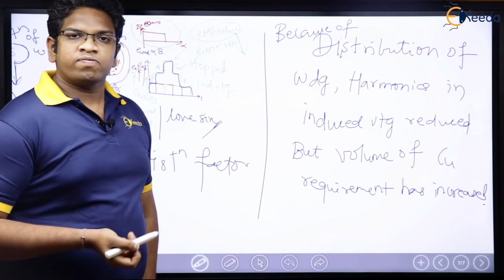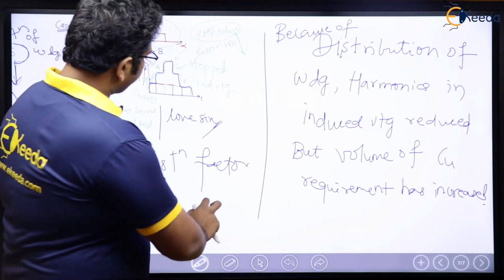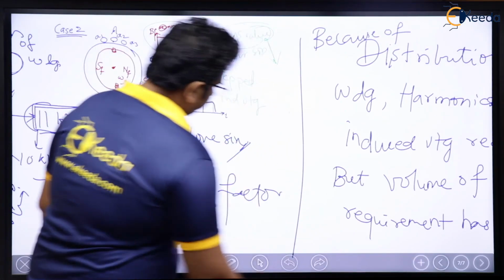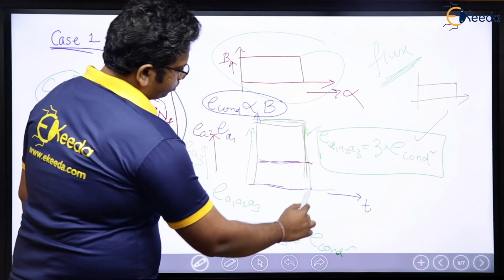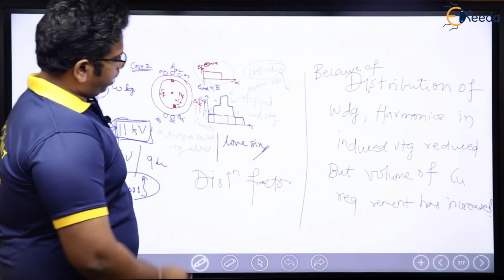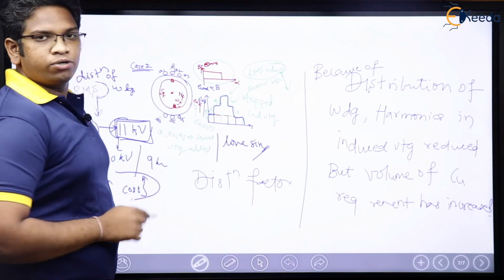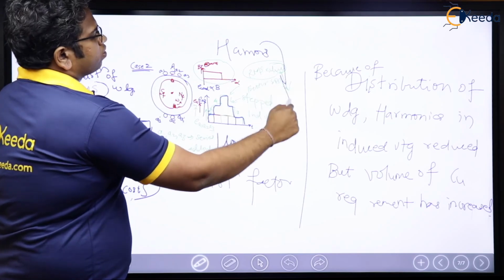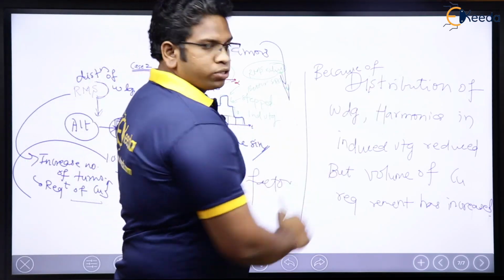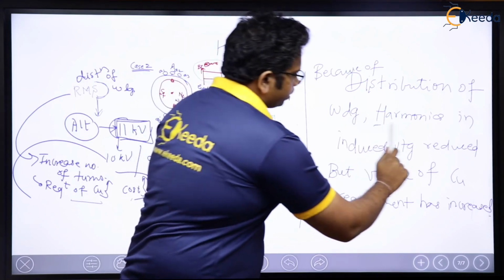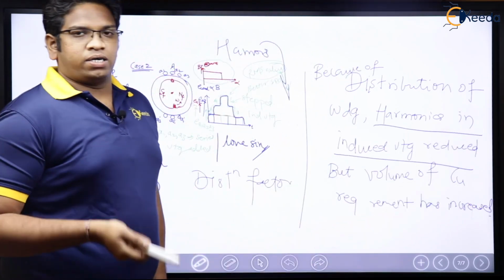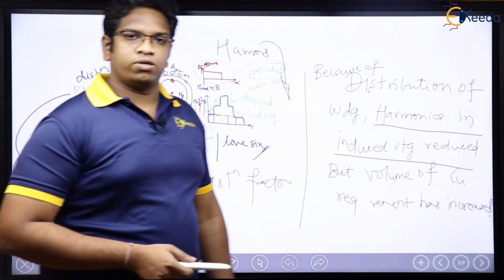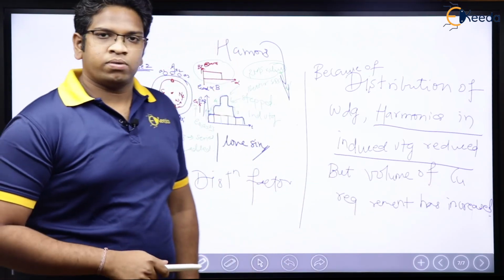See here, initially we had only one pulse like this, but now we have a stepped pulse, which means a better sinusoid, which means harmonics are reduced. So we can say that because of distribution, harmonics in the induced voltage are reduced, but RMS is also reduced. There is a reason. The volume of copper requirement has also increased, but it's okay, no problem. Anyways, thank you.